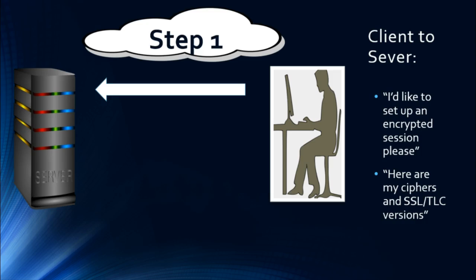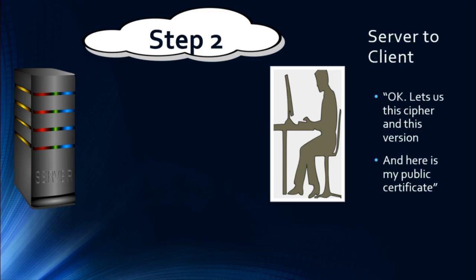And here are my ciphers and the encryption software versions that I'm using. So the server then communicates back to the client saying, okay, we're going to use this cipher and this software encryption version. And very importantly, here is my public certificate.